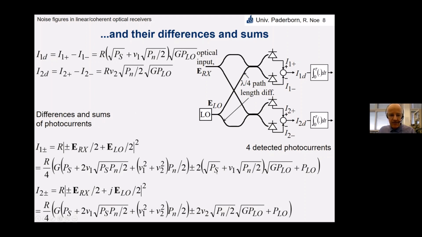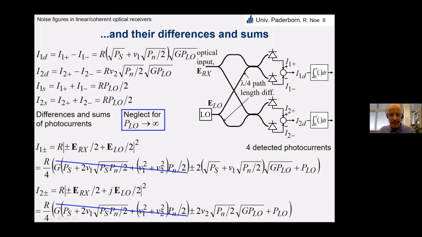And then we can neglect terms because the local oscillator power, this unmodulated laser, is very strong. In subtraction, the DC term cancels, and we get this interference term here and there. This is not interesting.